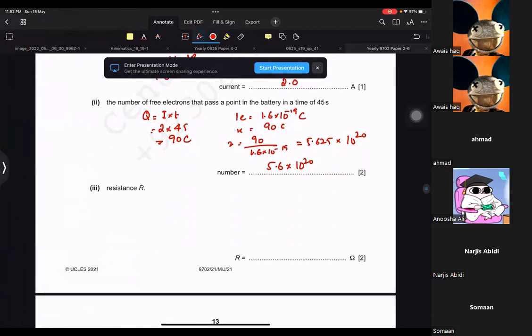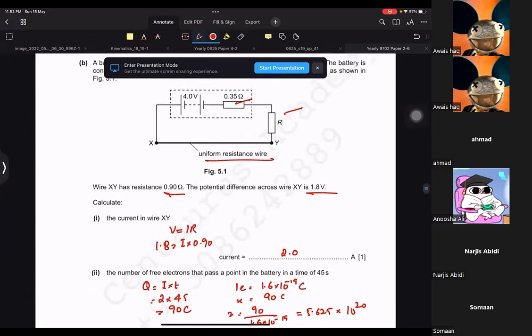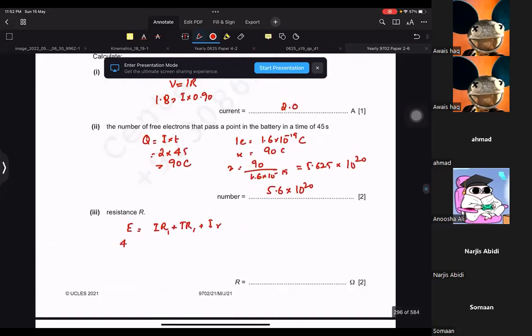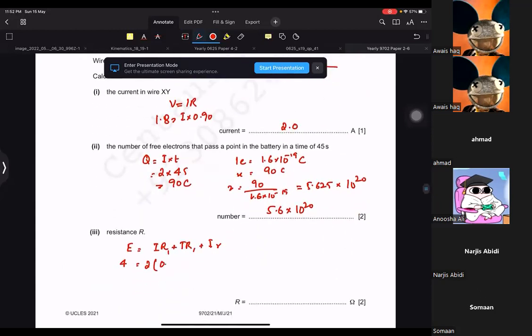Now it says the resistance R. So EMF equals IR plus I R1 plus I R2. The EMF is 4. The current we found out was 2. The first resistor is the wire, which is 0.90.